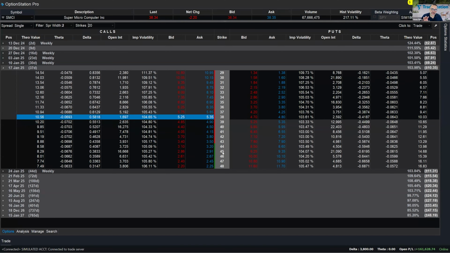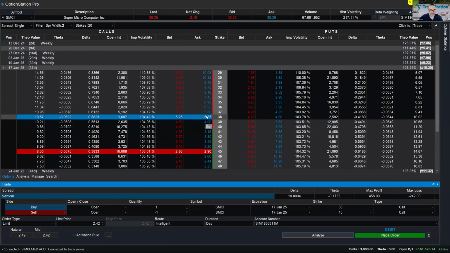Selling options is something risky, and we all need to be aware that if we are selling an option and the price is in the other side's favor, we can get assigned. An assignment is a big risk that we all need to be aware of. But in this case, I can sell the 45 call in addition to buying the 38 call, as I said originally.